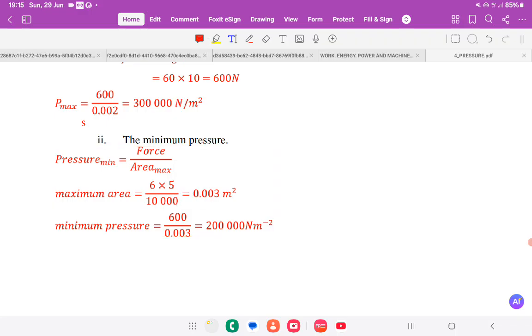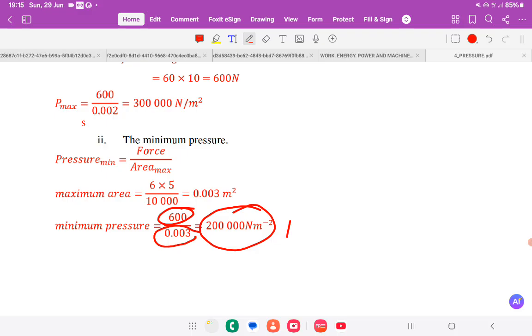So our force is 600 newtons. The area is 0.03 square meters, which when you divide properly, you should be able to get 200,000 newtons per square meter.